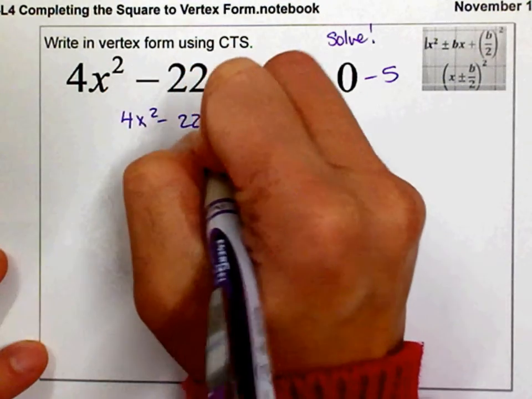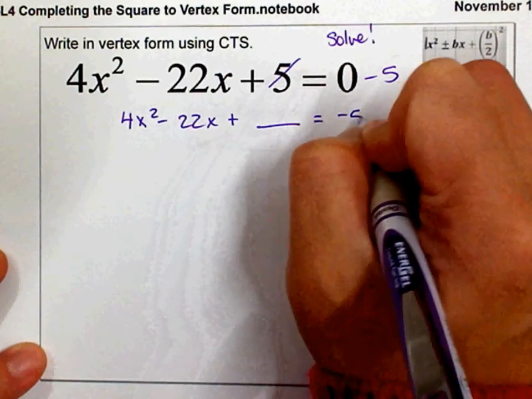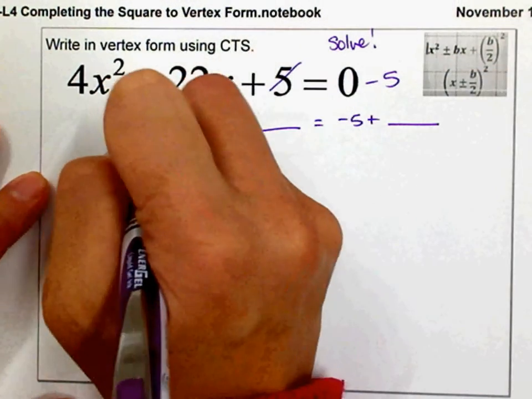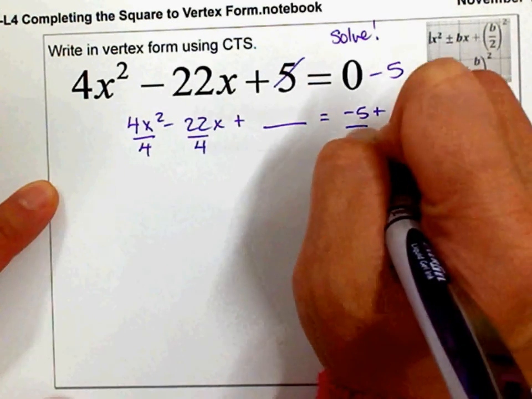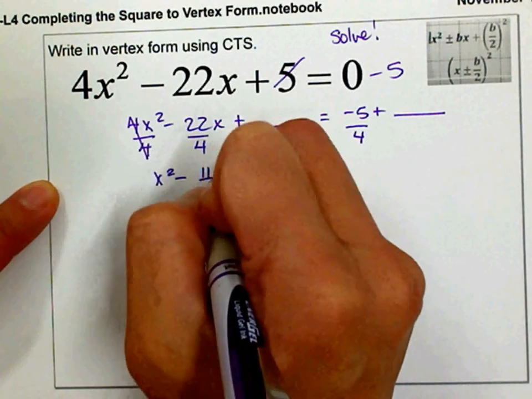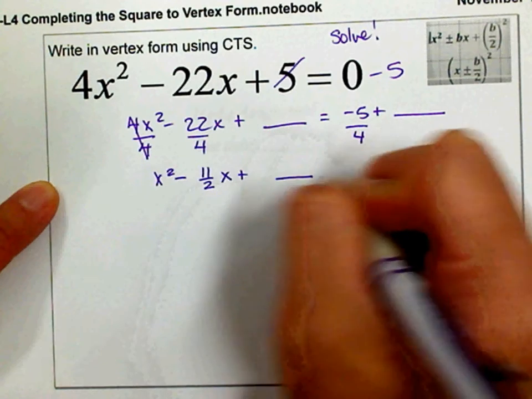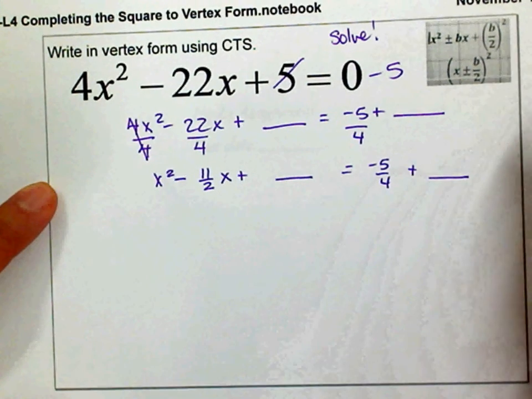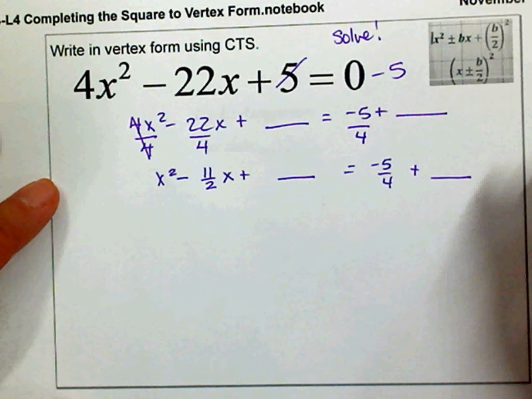All right, let's divide all of these into 4. Cancel. X squared minus 11 over 2x plus a blank is equal to -5 over 4 plus a blank. You will get to use a calculator on this, okay? So make it do the work for you. Here we go. You guys ready?